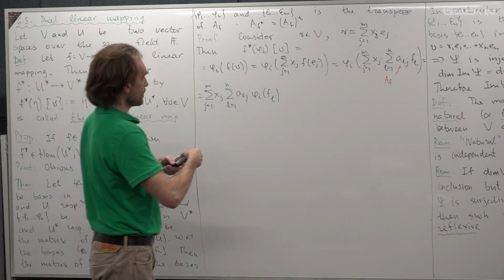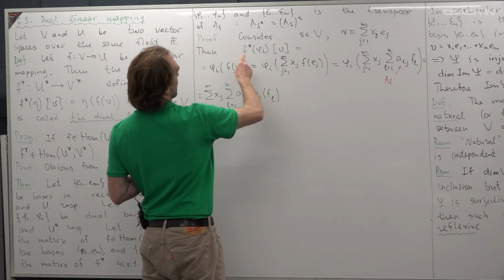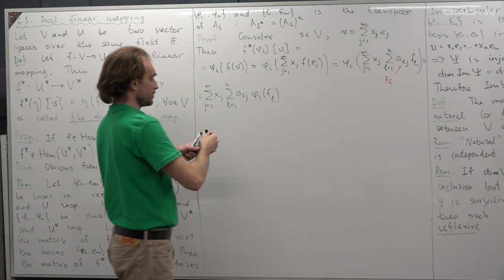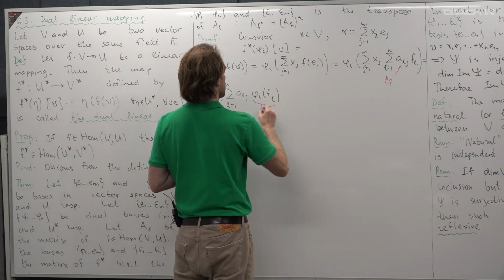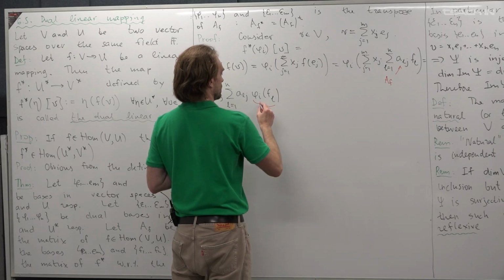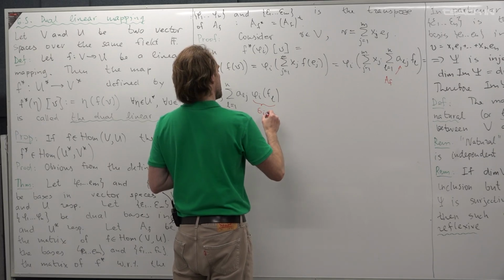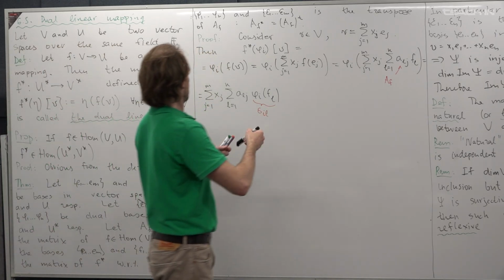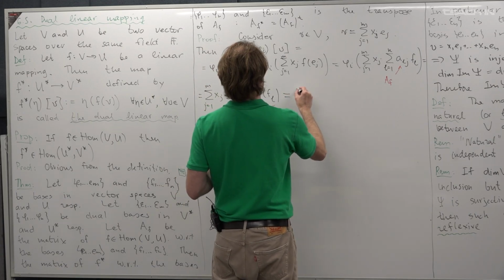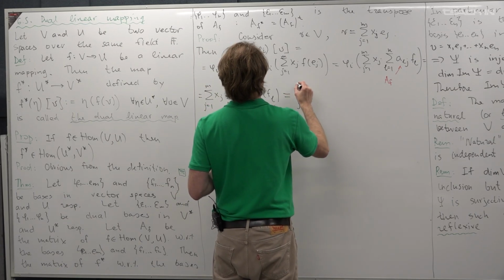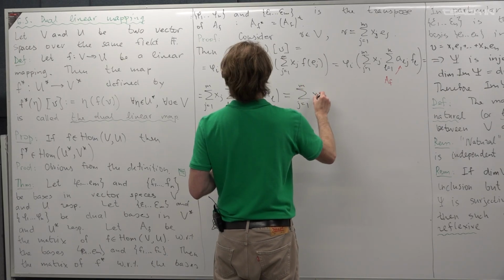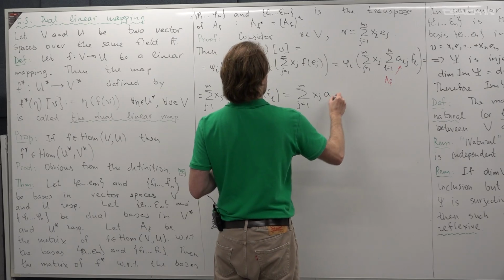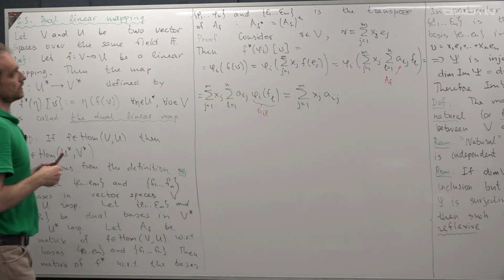And now we need to recall that these are the elements of the dual basis to the elements of the first basis. So this is nothing but Kronecker's delta il. And so we get the sum where j ranges from 1 to m of x sub j by a sub ij. So this is what we get.